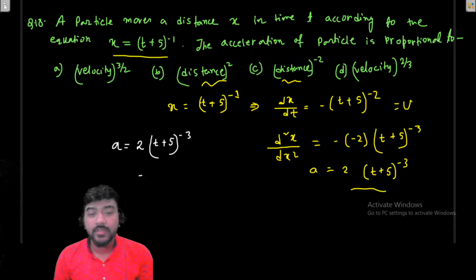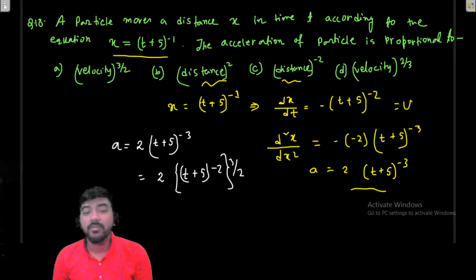So how you can express it? You can express this as 2 into t plus 5 to the power minus 2 to the power 3 by 2. So this is nothing but t plus 5 to the power minus 2. Now this expression t plus 5 to the power minus 2, this is nothing but v.